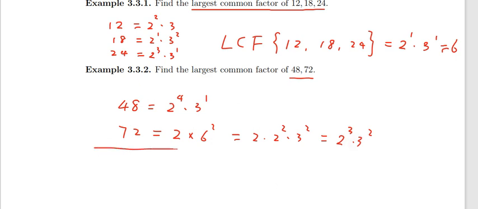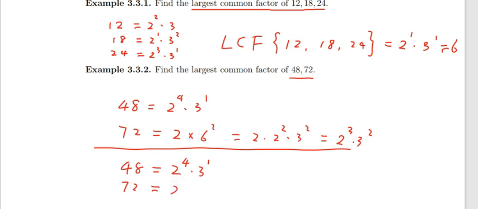Okay, so let me put it together: 48 equals 2^4 times 3^1. And 72 equals 2^3 times 3^2. Okay, so we can easily find this LCF: we just pick the smaller one, so 2^3 and 3^1, right? So this equals 24.